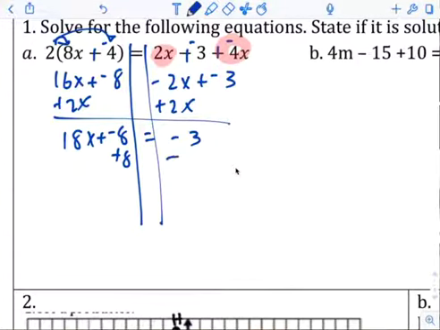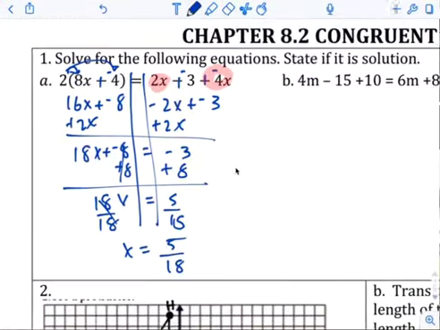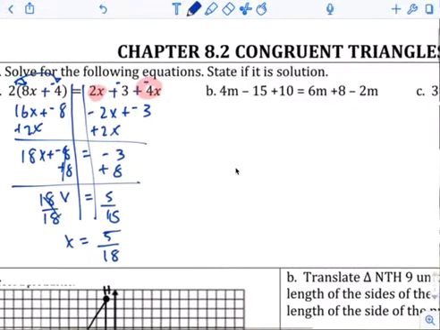Add 8, add 8. 18x equals 5. Divide by 18, divide by 18. x equals 5 over 18. One solution, right? Do the same on the other ones.